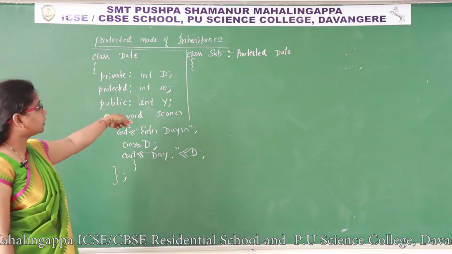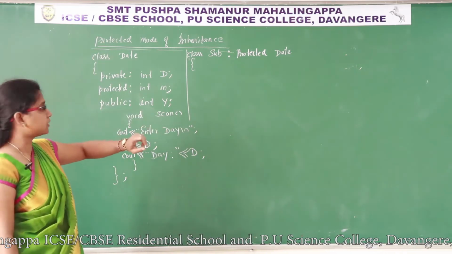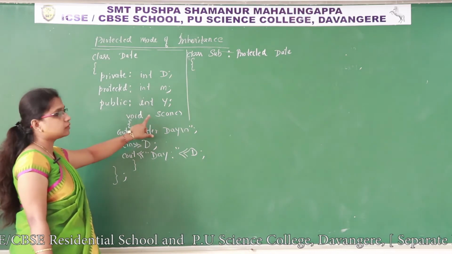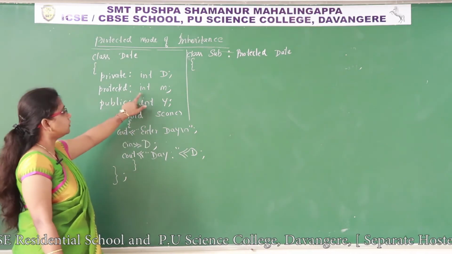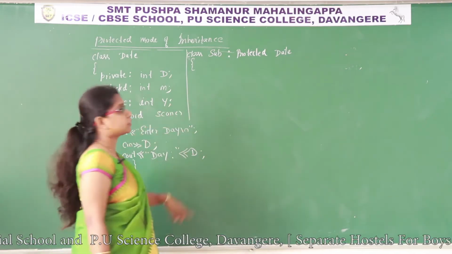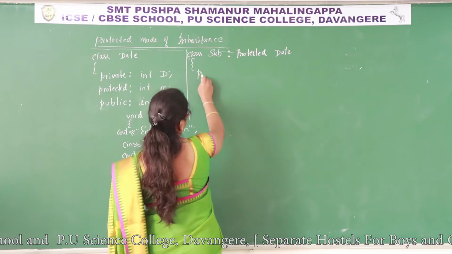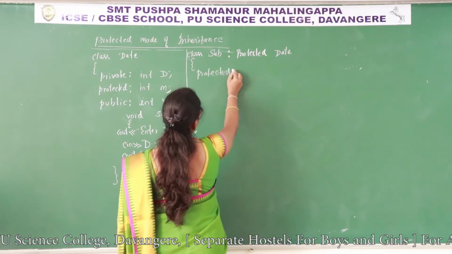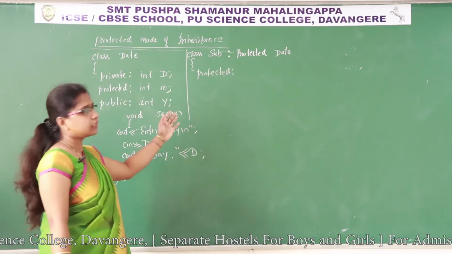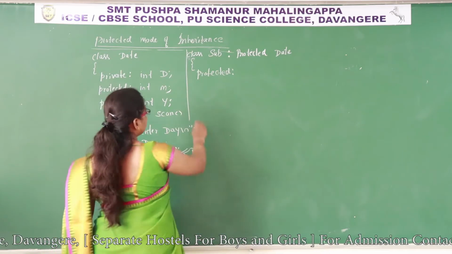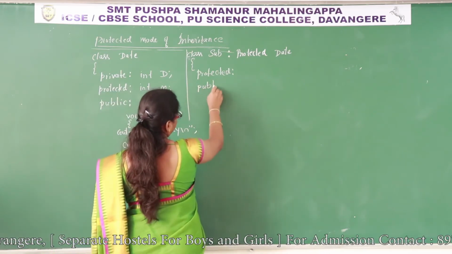Public and protected members are inherited to the derived class. What are the public members? Y, int Y and scan. These two are the public members. Int M is a protected member. So these members come to the protected section of the derived class. I'll take protected. To this class, I'll not take any data member here. So these members are inherited to the protected section.